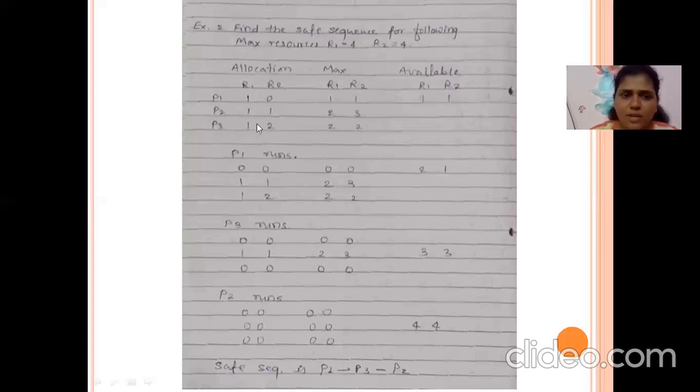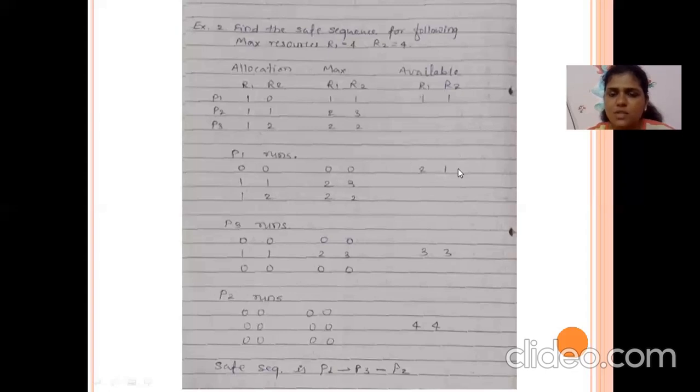Now, after completion of P1, which has taken R2 and again released R1 and R2, what is the status of P1? It is not allocated any resource and its need is 0 now. Its maximum requirement is 0 now because it has completed its execution, and the available matrix is changed.